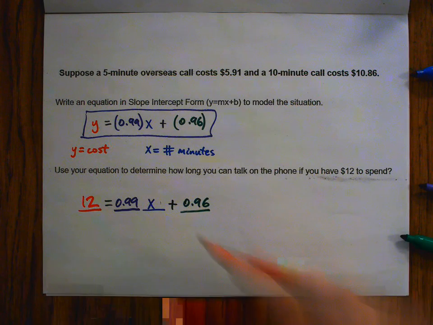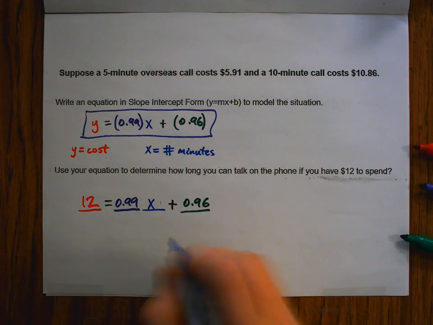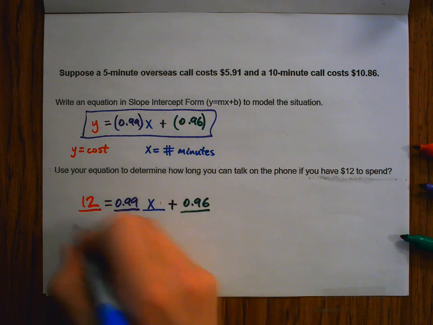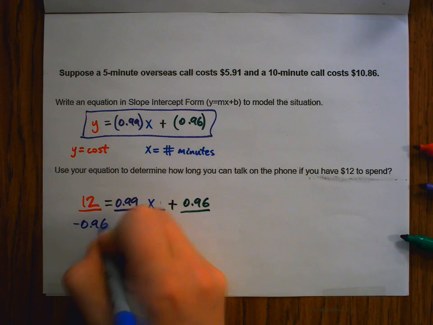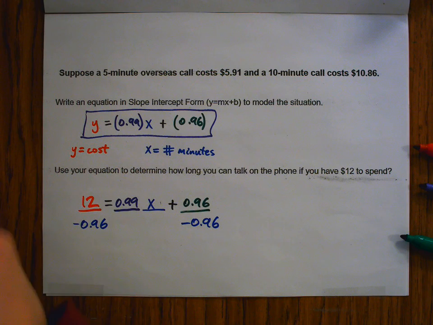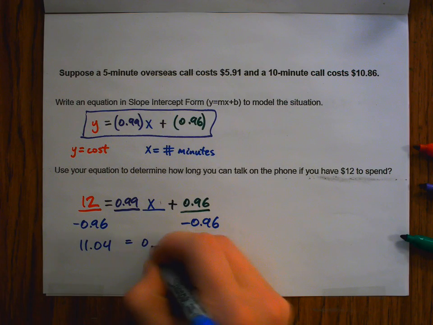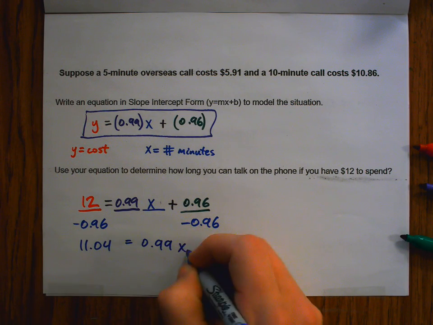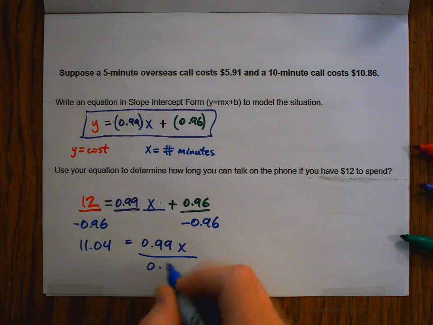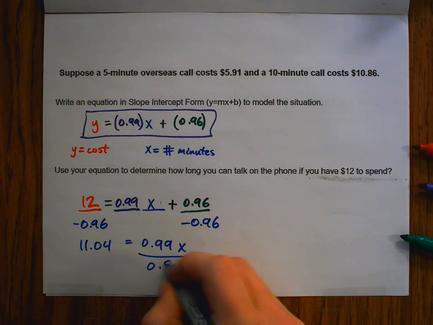Now that you have all of your numbers written in, you can go ahead and solve for x. Subtract 96 cents from both sides, and now divide both sides by 99 cents.